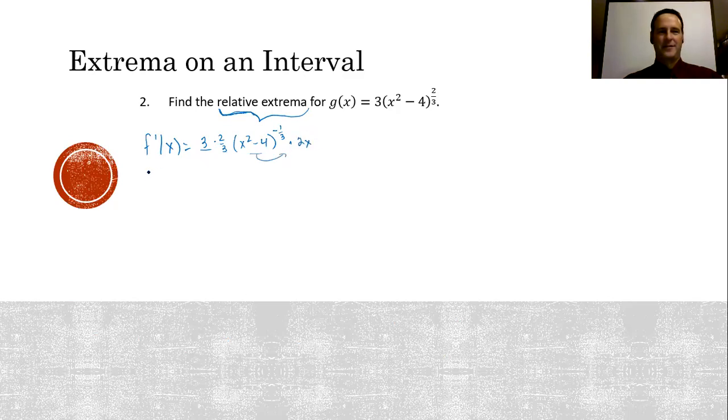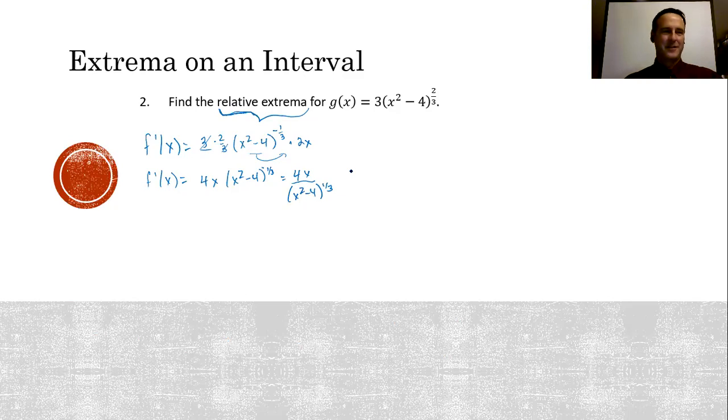All right, so let's see, 2x. Well, those 3's are going to go away. Times 2 is going to give me 4x. And then I've got x squared minus 4 to the 1/3, and that is a negative. And that just leaves me with 4x over x squared minus 4 to the positive 1/3.